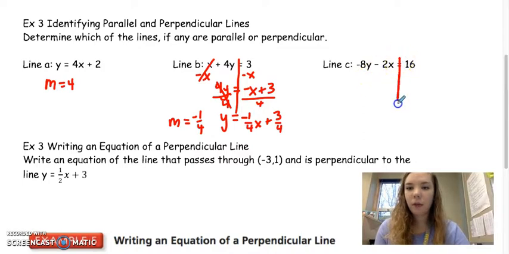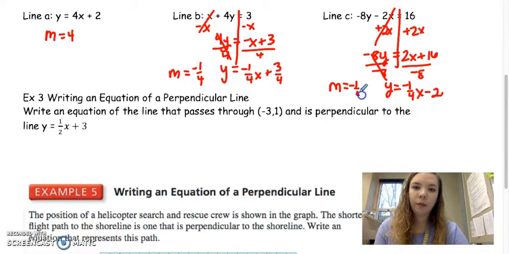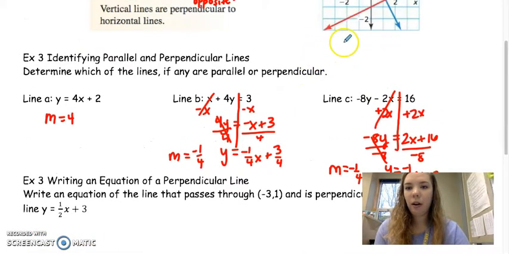And then again, I'm going to have to rearrange on C. So I'm going to start by adding 2x to both sides. And I'm going to divide by -8. So again, I get negative 1/4 x minus 2. So I'm just going to make a little answer box up here.